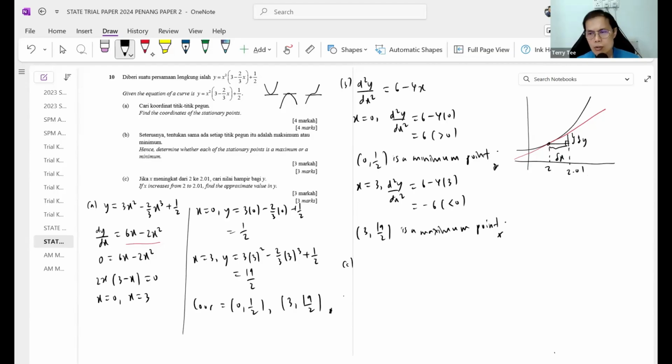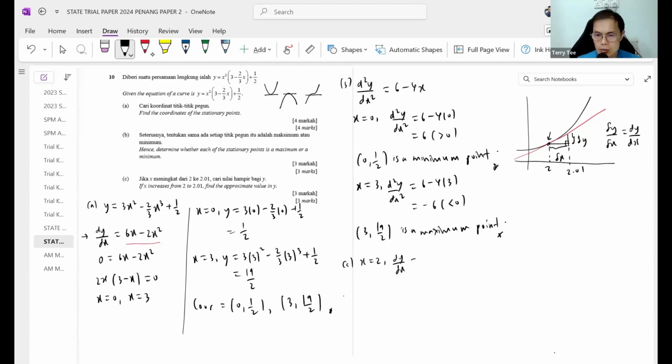So first of all, we are making an assumption that when you have a small change, the ratio delta y over delta x is almost equal to, or we can just say equals to, the gradient dy/dx at the point x equals 2. So what we need to do is to find the gradient first. We sub x equals 2 inside your dy/dx.